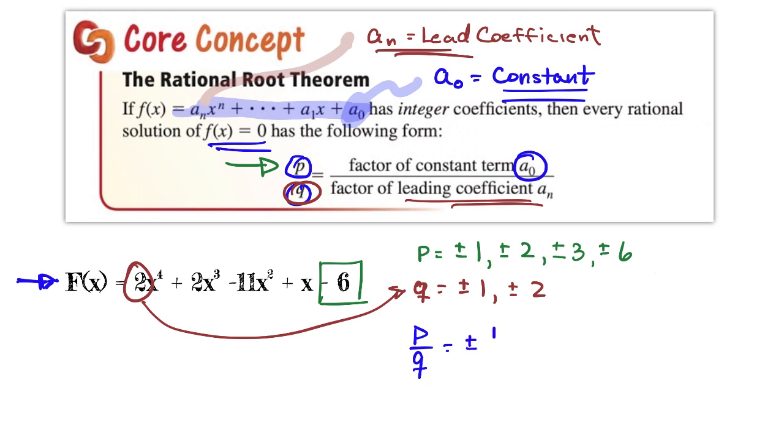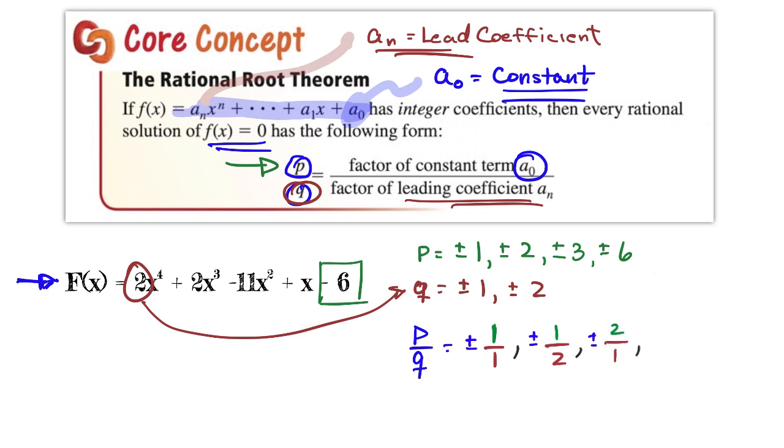So you go the green 1 over the red 1. And then you go comma, and you go the green 1 over the red 2. Then you go green 2 over red 1.